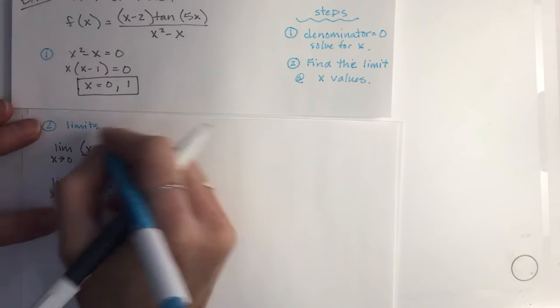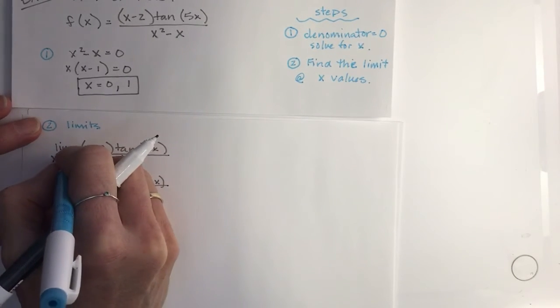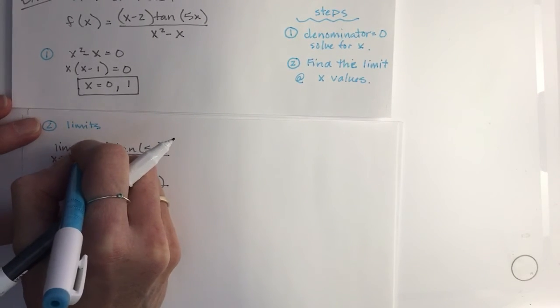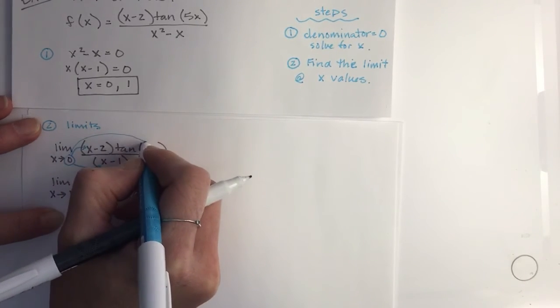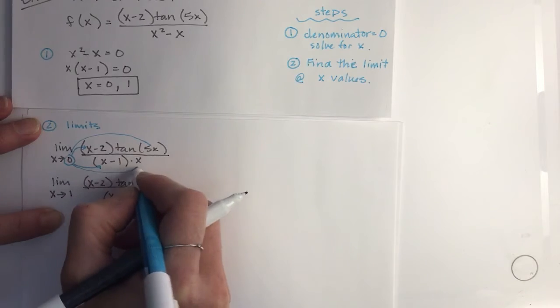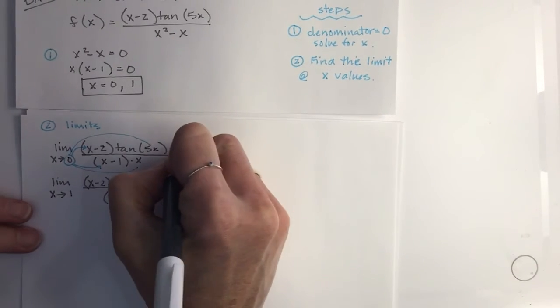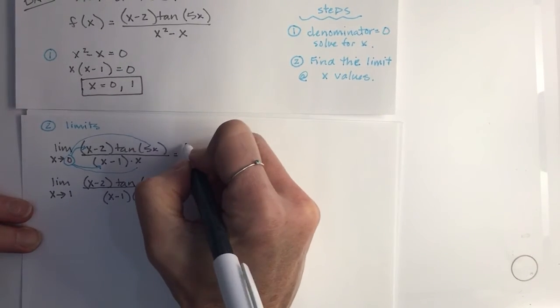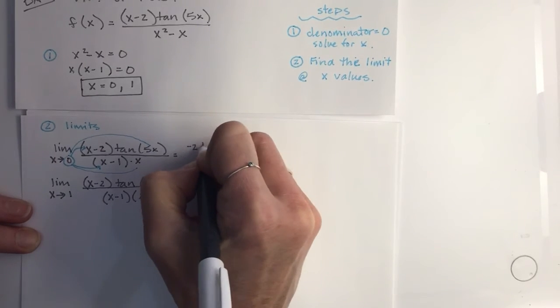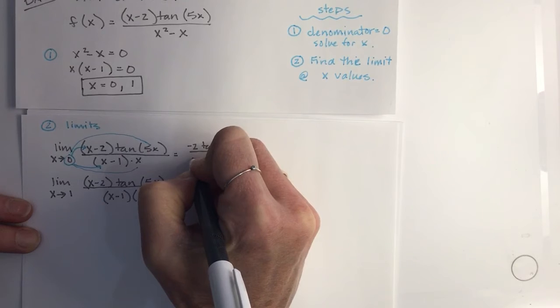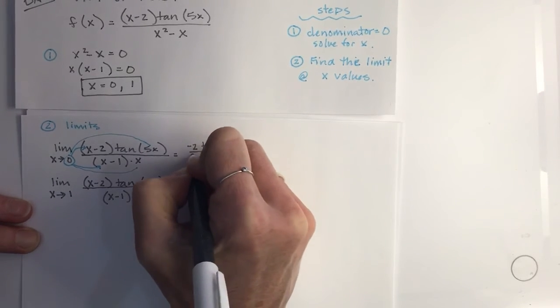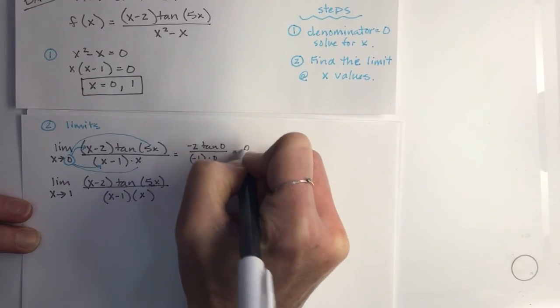So this one here, I'm going to plug in 0 for x, all my x's. And over here, direct substitution, and we try that, and we get negative 2 tangent of 0 all over negative 1 times 0. So we get 0 over 0.